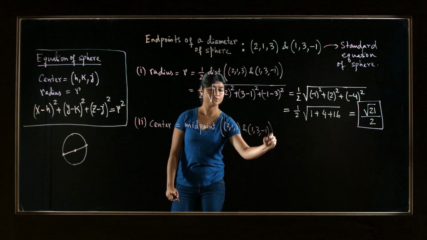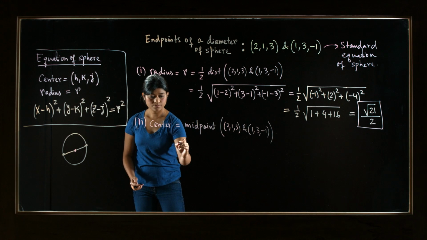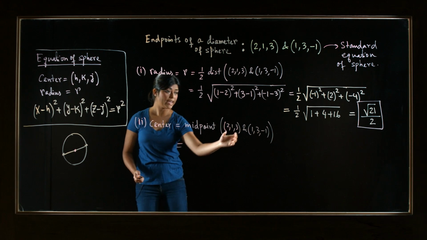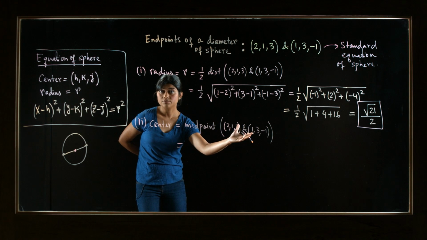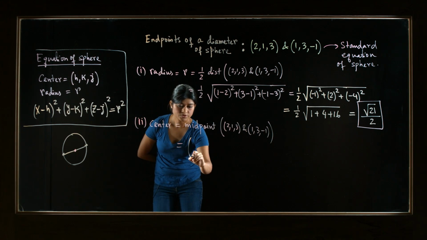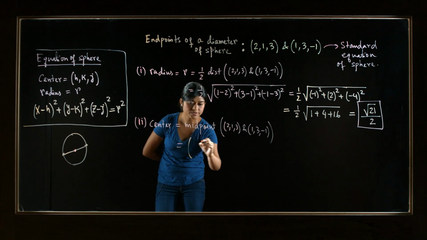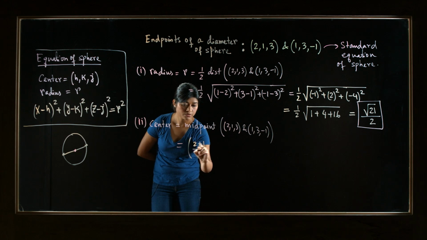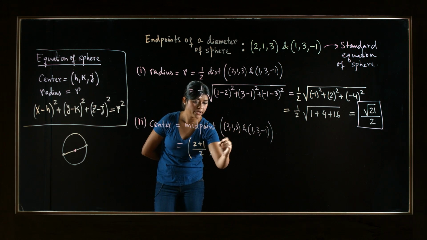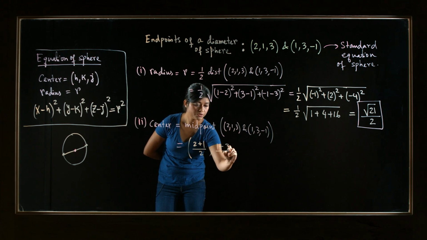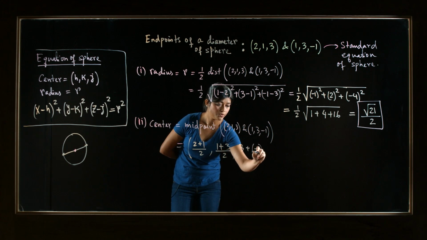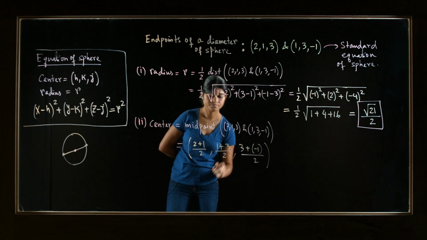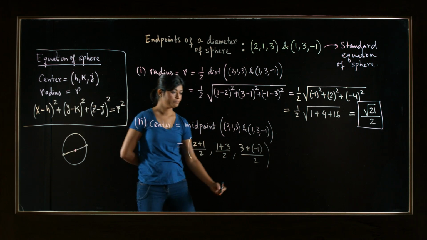And how do we compute midpoints? This is just taking the average of each coordinate of the 2 points. So take the average of the x coordinates, (2 + 1)/2, the average of the y, (1 + 3)/2, and the z, (3 + (-1))/2. And then simplify that.